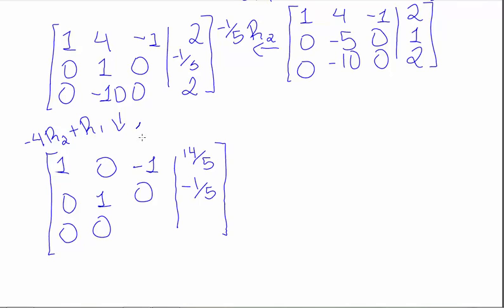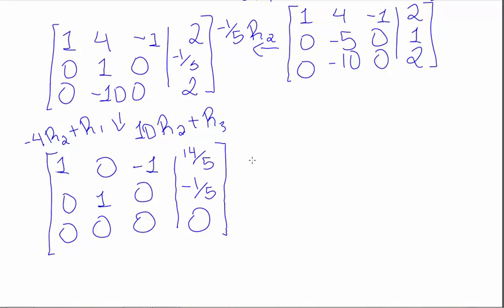We'll also do 10 row 2 plus row 3. Zero plus 0 is 0. 10 minus 10 is 0. 0 plus 0 is 0. And negative 2 plus 2 is 0.